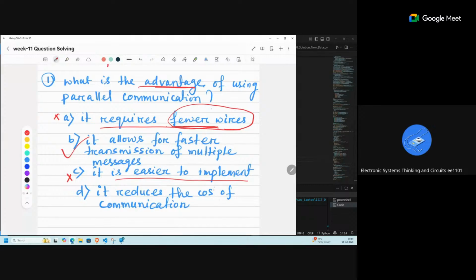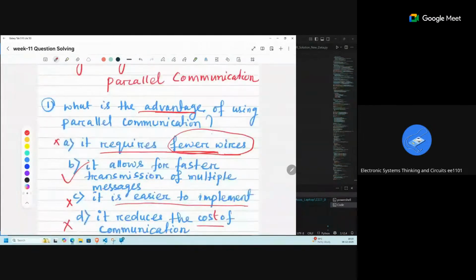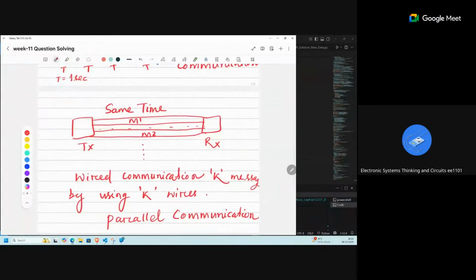It reduces the cost of communications. If your number of wires is increasing, how will the cost be reduced? Cost will be increasing. That means it may not be right either. Then the leftover is "it allows for faster transmission." As I had shown here, if t is 1 second, in 1 second you are able to transmit k number of messages.